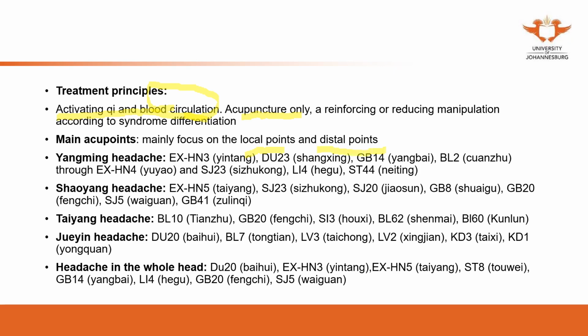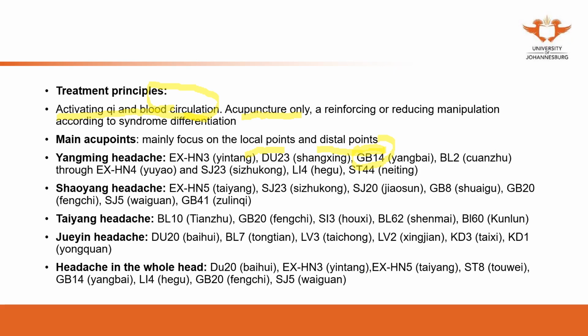For the combination of local and distal points for Yangming headache: Yintang, EX-HN3, GB14. GB14 we have introduced in the practicals. Especially if the patient suffers from severe Yangming headache, you can insert a few needles in GB14. Bladder 2 through EX-HN4, and Sanjiao 23.